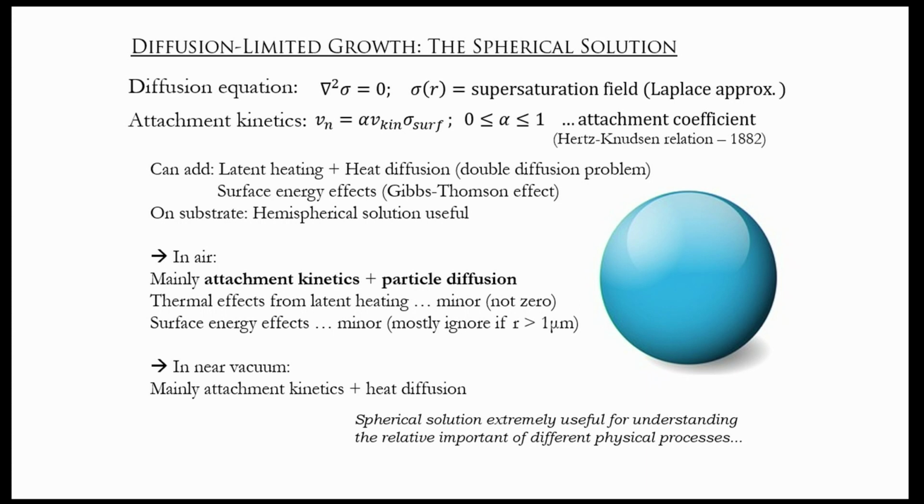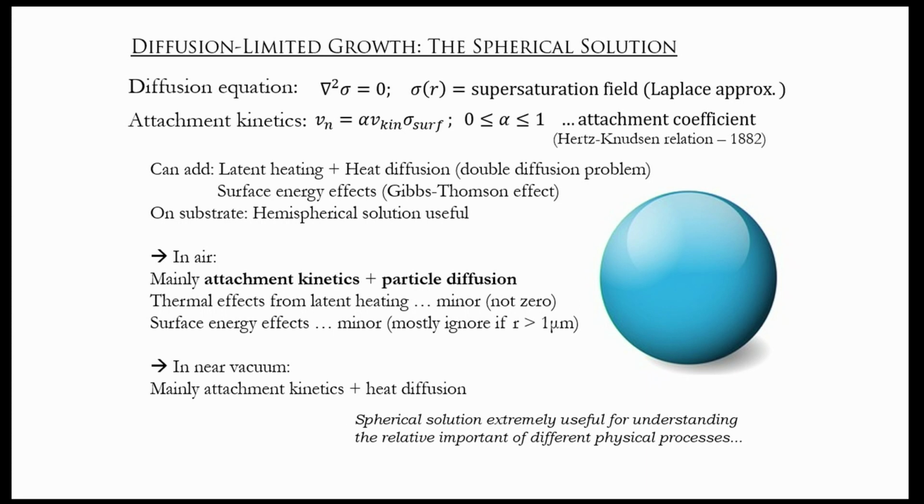Okay, now I like to do the spherical solution. That's really easy to solve. No, sigma surface is not zero at the surface, because when there's a facet, for example, it grows very slowly.